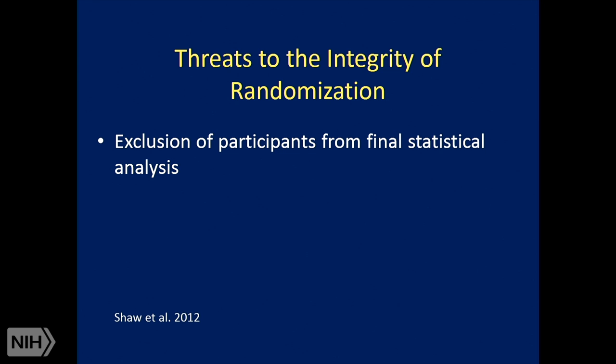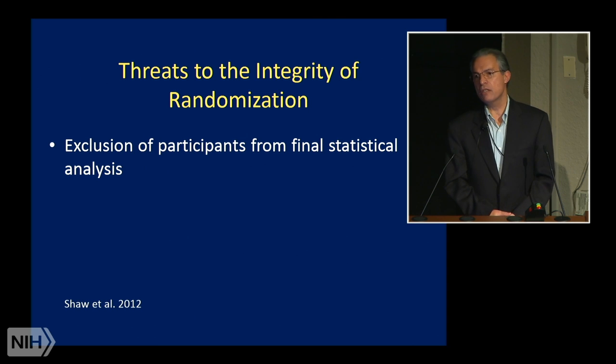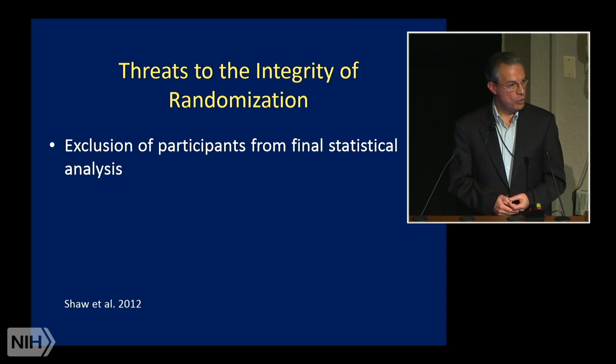Or those missed too many visits, I'm going to exclude them. Well, what you're doing is you're basically killing randomization. I always have a problem finding the right word. You cancel the effect, the advantage of randomization.